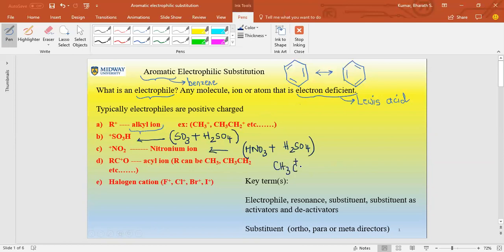You see the plus charge on the carbon. Or if you started with CH3CH2COCl, then you could have CH3CH2C plus O. Its R is what is changing, but the C plus O stays the same. And now this is called a Friedel-Crafts acylation. You will see it as we begin to discuss this topic in more detail. So these are the acyl ion electrophiles.